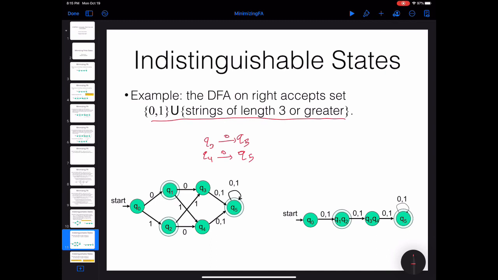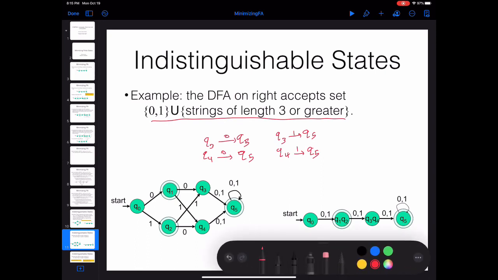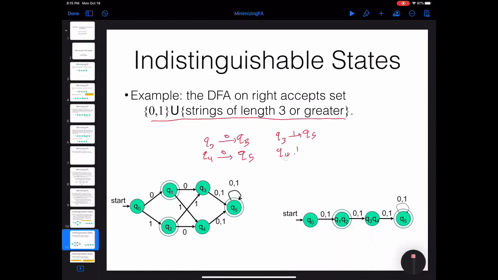So far again, good. From Q3 over a 1 transition, I'm going to Q5. And over Q4, the transition over 1, I'm going to Q5 again. So the behavior of Q3 and Q4 is completely the same. I can merge Q4 and Q3.